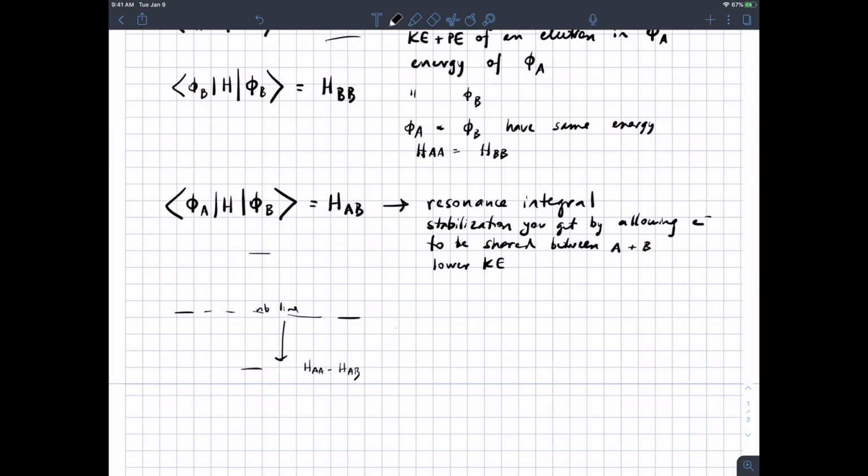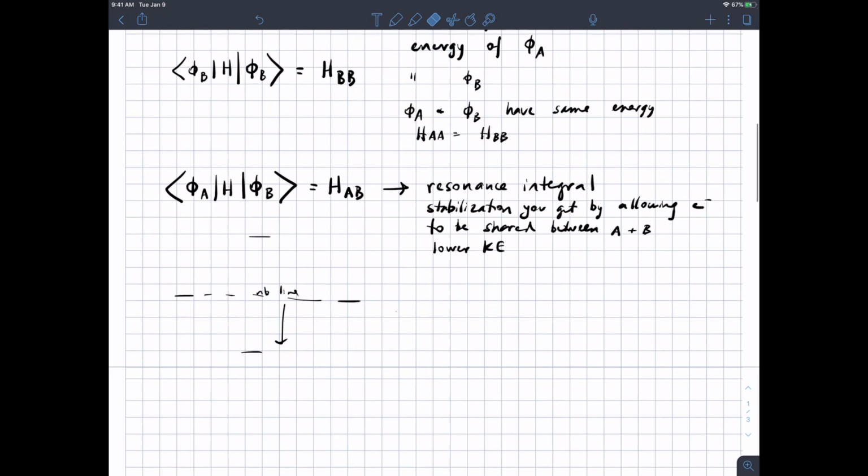Is HBA the anti-bonding? No, it turns out that, I'll show you where the antibonding orbital comes from. The other integral that you're referring to is where you take the Hamiltonian applied to wave function A and then multiply it by wave function B, integrate over all space, that's called HBA. And in general, we're going to assume that HAB equals HBA.